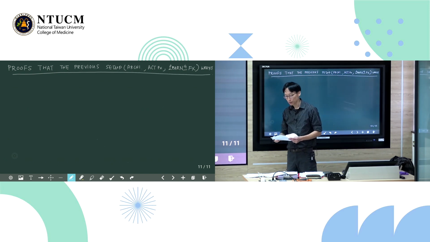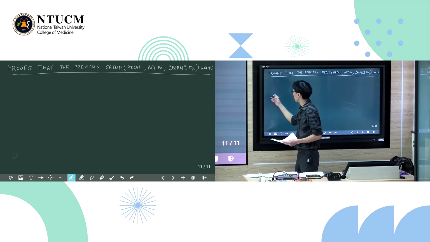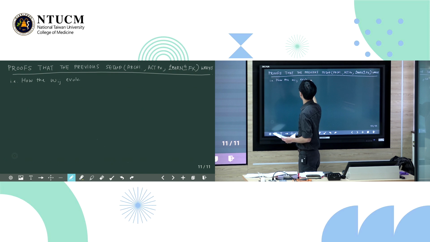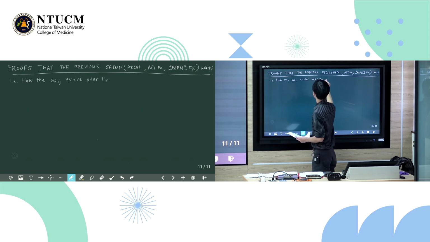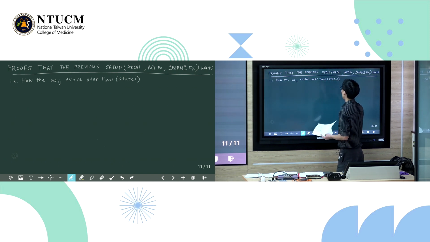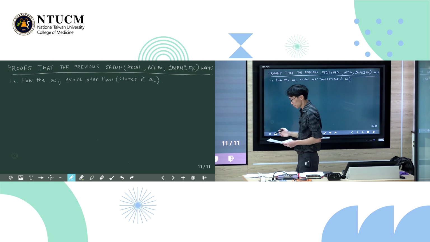Proofs in a sense of how things will evolve over time, or states of the input.